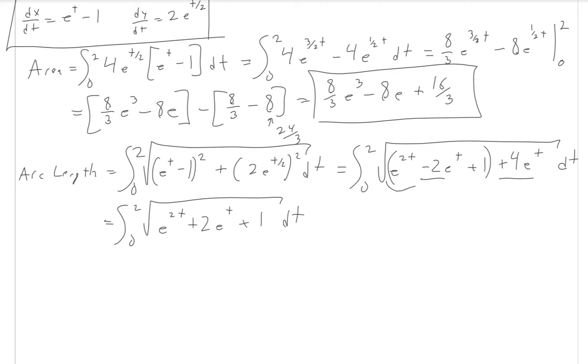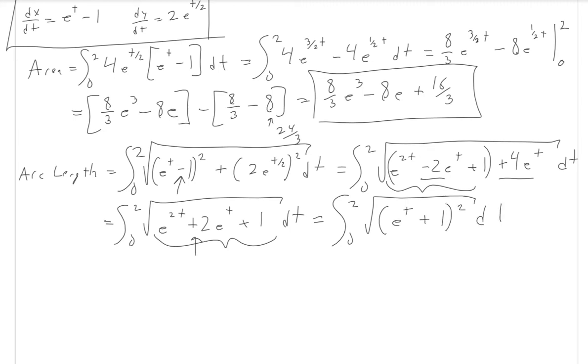Notice that we had a minus 2e^t when we had a minus 1 here. This one we have a plus 2e^t. So this is going to actually split up as (e^t + 1) squared dt. We had examples like this back when we did arc length.